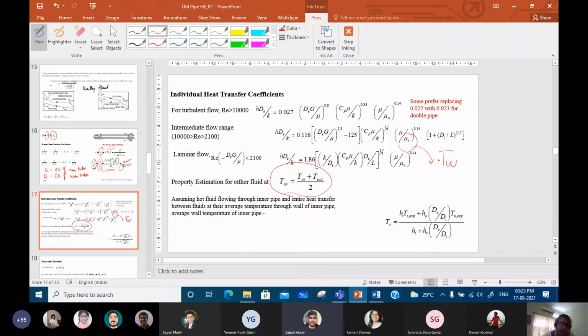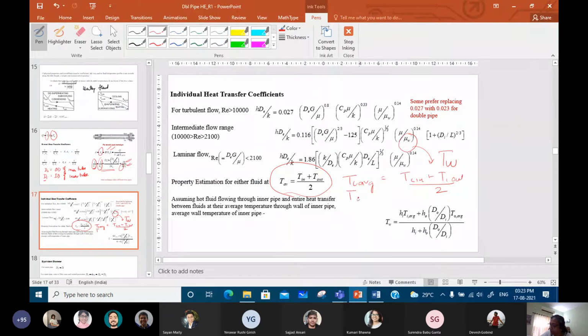See, it comes from the basic heat balance equation itself. You have an idea about the inner fluid average temperature that you can find out. If it is Ti average, it has to be Ti in plus Ti out divided by 2. Same way you can find the TO average.